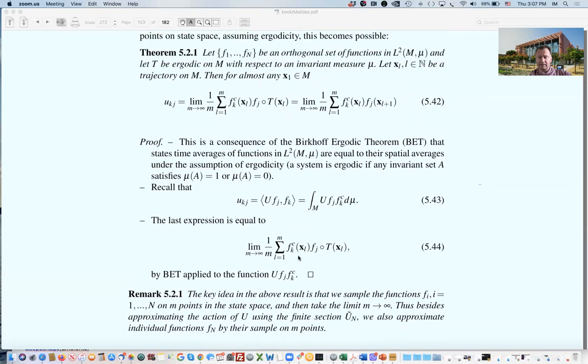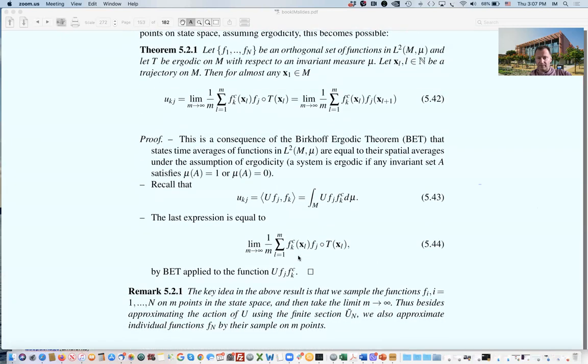I should say that there are elements of this that are really nice. We are sampling the functions on points in the state space and then taking the limit m goes to infinity. So we are approximating the action of U, but we are also approximating the individual functions by their samples on m points.